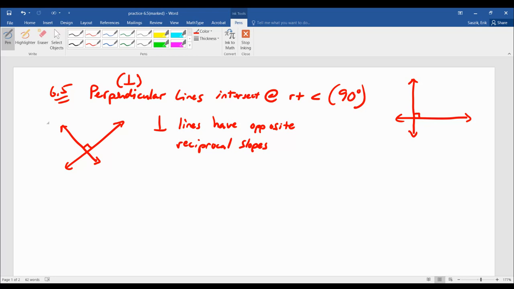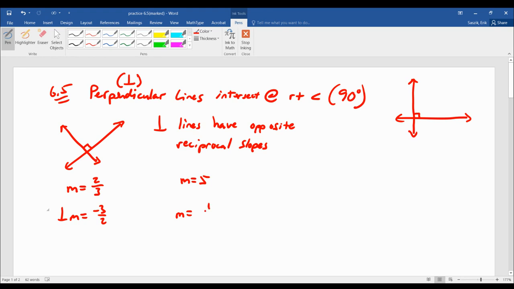So for example, let's just do some simple things. If I have a slope of 2/3, the perpendicular slope to that would be -3/2. So you change the sign and flip it. If I had a slope of 5, remember there's an invisible 1 underneath it.